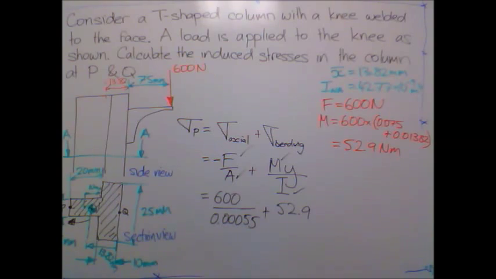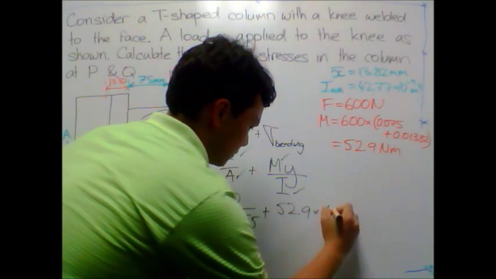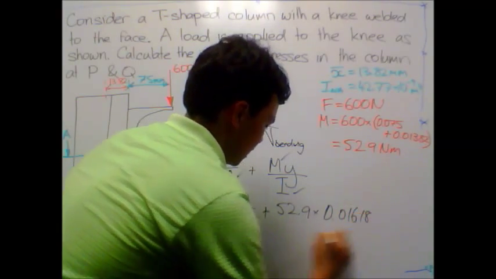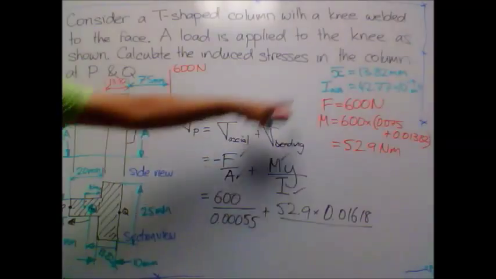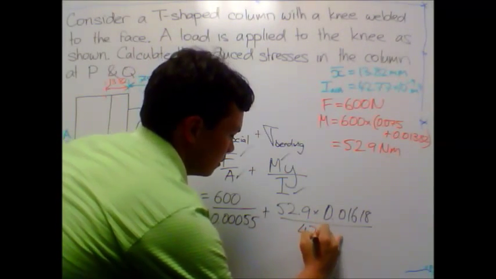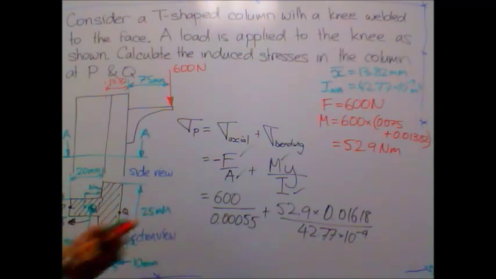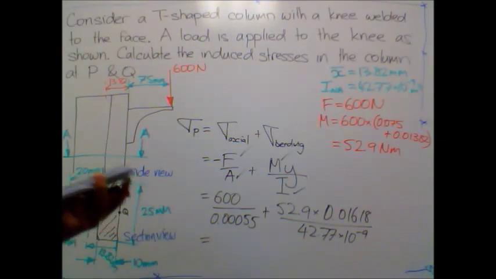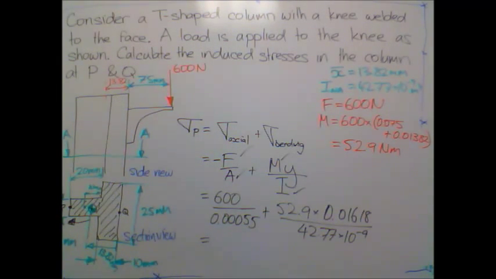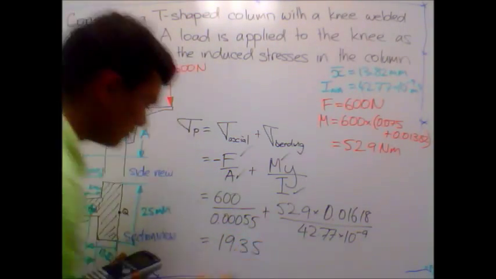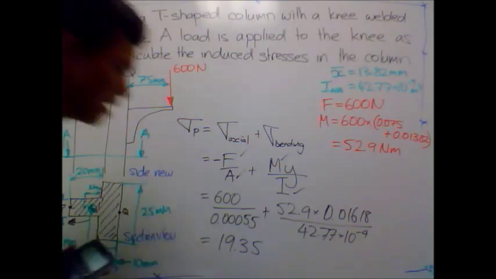So 30 minus 13.82, so around about 16 millimeters, so 0.01618. Divided by I, which we've calculated up here, 42.77 times 10 to the negative 9. And now I can calculate what my stress at P is equal to. So stress at P will be equal to 19.35, and the units for this will be megapascal.